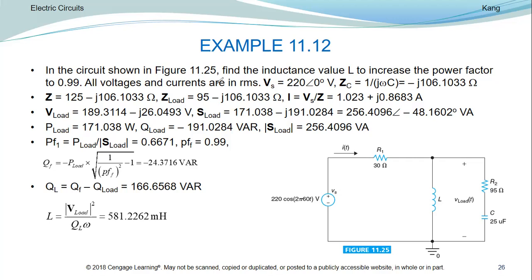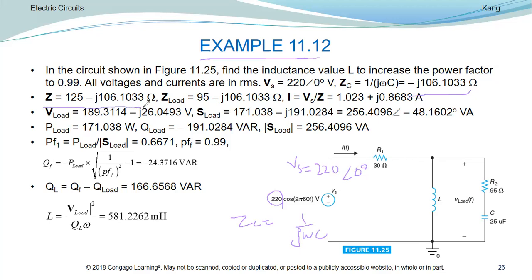So for this, we have to find first V source. So V source is again the value of amplitude, that is 220, with the angle, there is no shift, so it is 0 degree. With the VC value, as I know, it is equal to 1 upon j omega C. So this value equals this one.